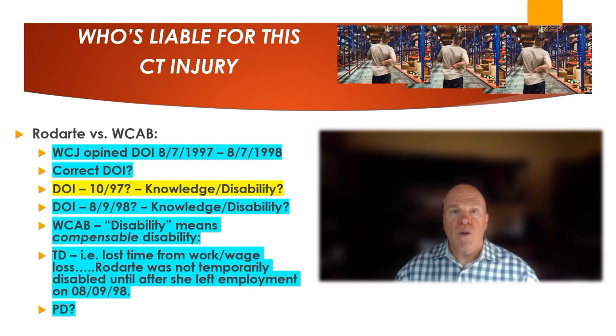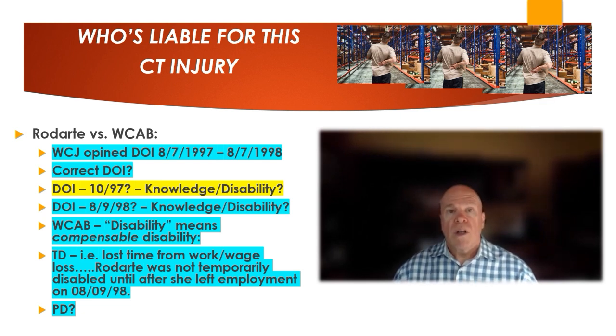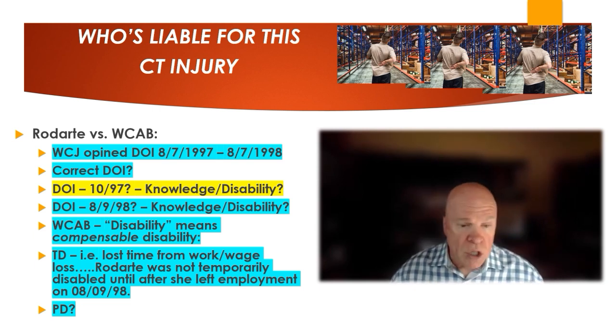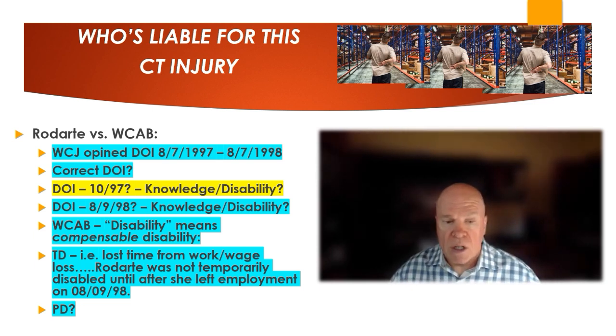And how many times do we get these cases ourselves, especially in the post-employment cumulative trauma injury claim, which is exactly what Rodarty's claim was. Even though she filed it prior to termination, it wasn't until after her termination that she was declared permanent and stationary.